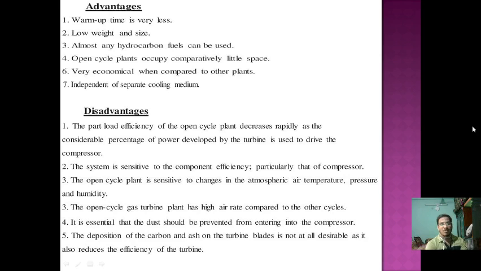The deposition of carbon and ash on the turbine blades is not desirable, as it reduces the efficiency of the turbine. The last disadvantage is deposition of carbon and ash on the blades of the turbine. It's not properly removed, and that's why the efficiency of the turbine will reduce.